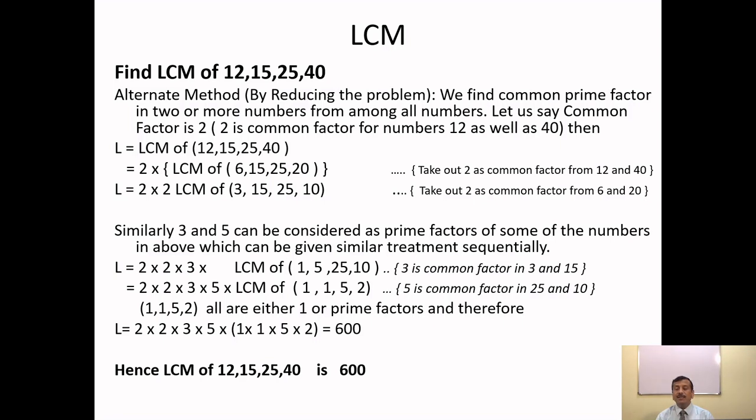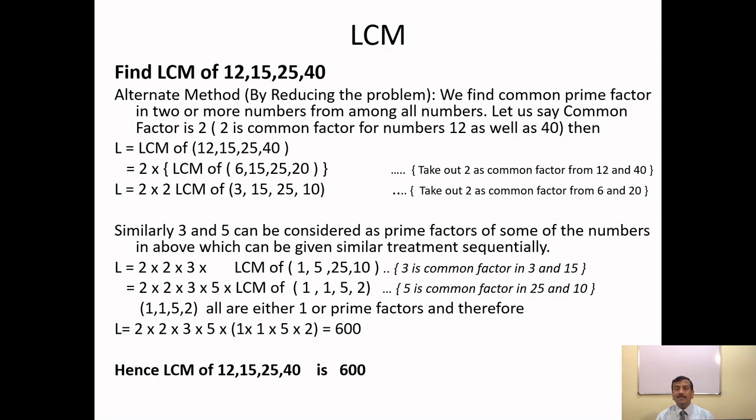So we get L is equal to 2 into 2 into 3 into LCM of 1, 5, 25 and 10. Then we can take a 5 as a common factor from 5, 25 and 10. We take it out. 1 will remain as it is. 5 will become 1, 25 will become 5 and 10 will become 2.